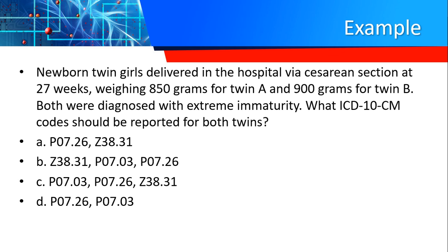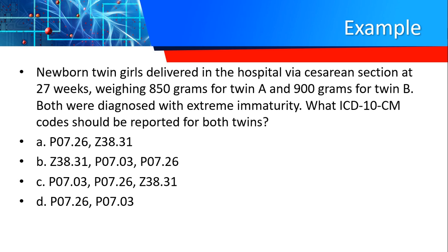But I just want to highlight about the use of your P07. Now, I have a question here. Like, sir, there are two weights there. We are talking about the twins, correct? We have 850 grams for twin A and we have 900 grams for twin B. So why don't we have two codes for the weight? Because we're talking about the twins. Okay, when you check P07.3, there's a bracket there.